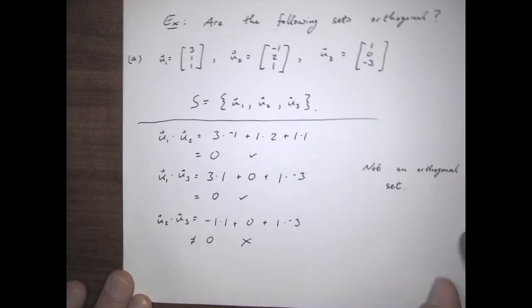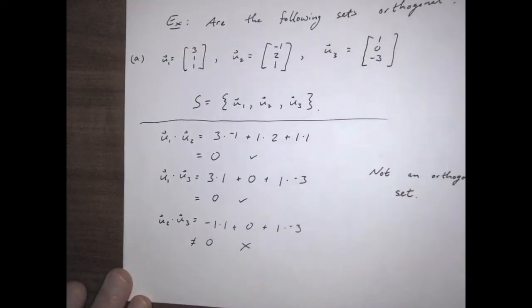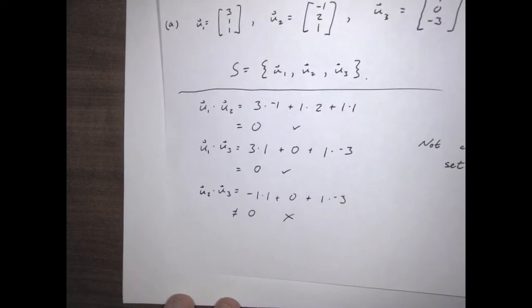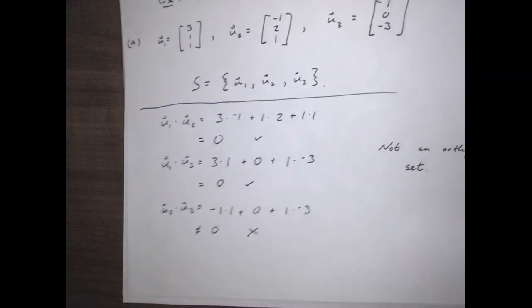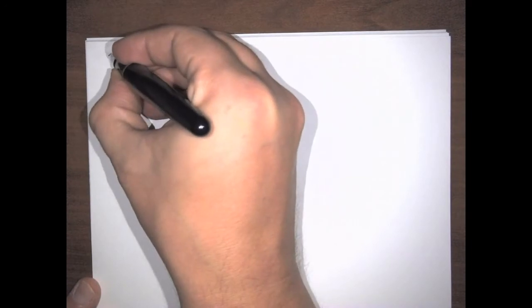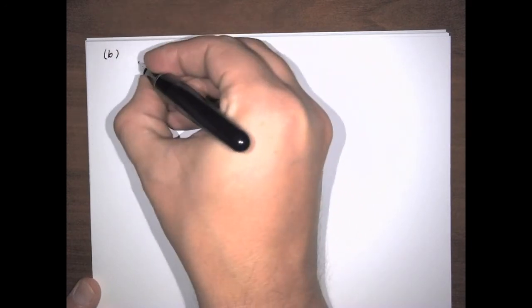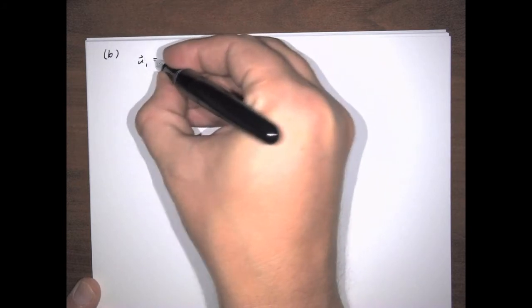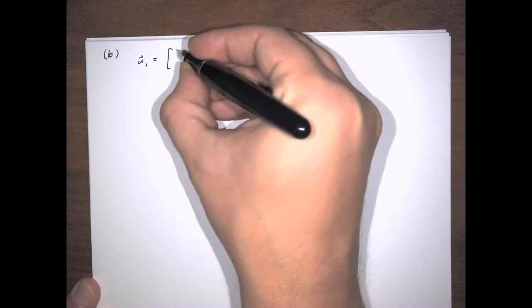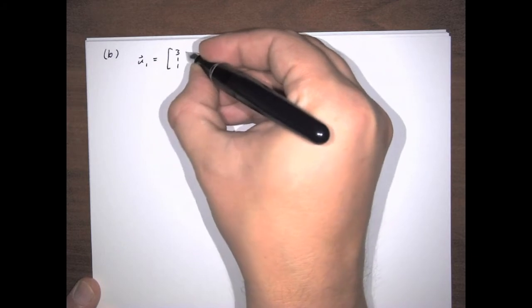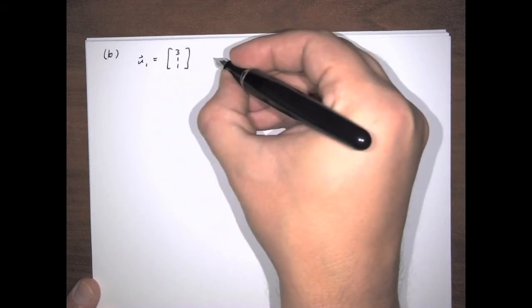Almost. 2 out of 3. Alright, well, let's try again. Let's try a different set, see if this one will be orthogonal. What we will now look at for part B will be these three vectors. U1 will equal (3, 1, 1), so we'll just recycle U1 from before.